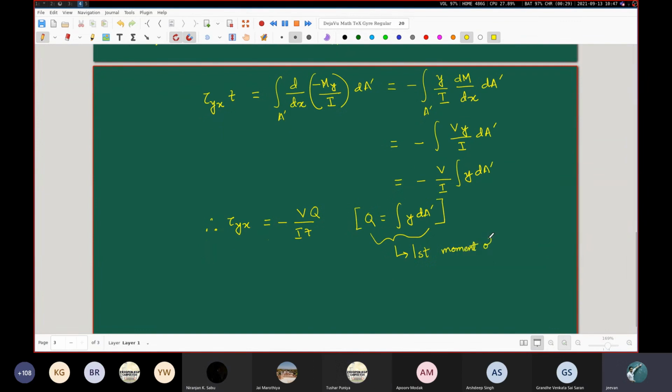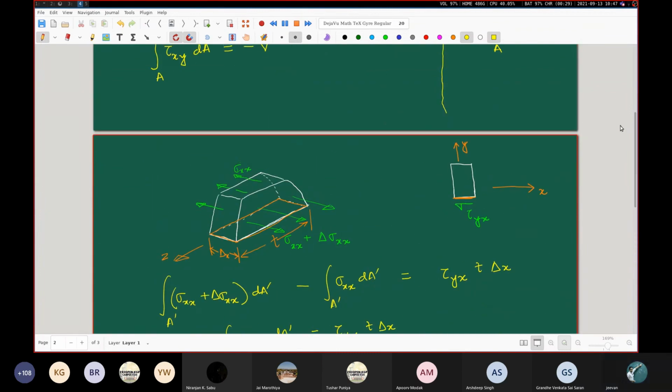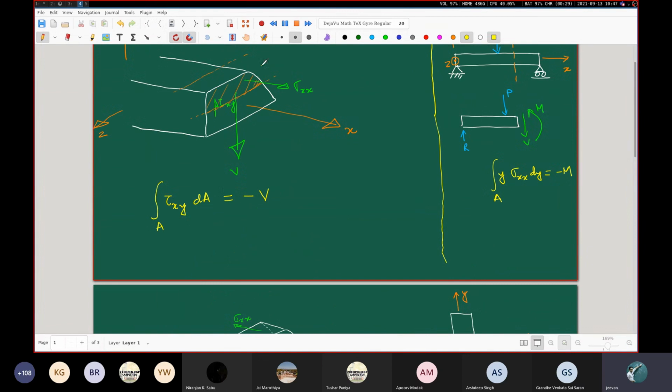But there is something special going on with this first moment of area. It is not the first moment of area of the entire cross section, mind you, because we are not talking about the entire area of the whole cross section. We are talking about the first moment of area which is associated with this horizontal cut, at the level where we are taking this horizontal cut. So for this hashed portion, that is for which we are taking the first moment of area.